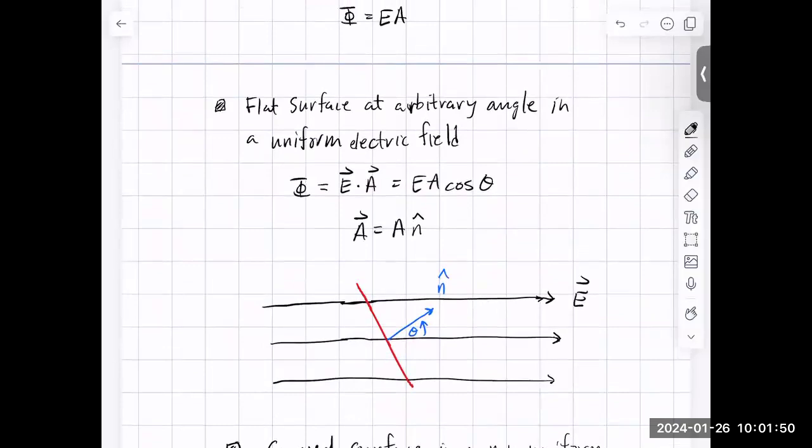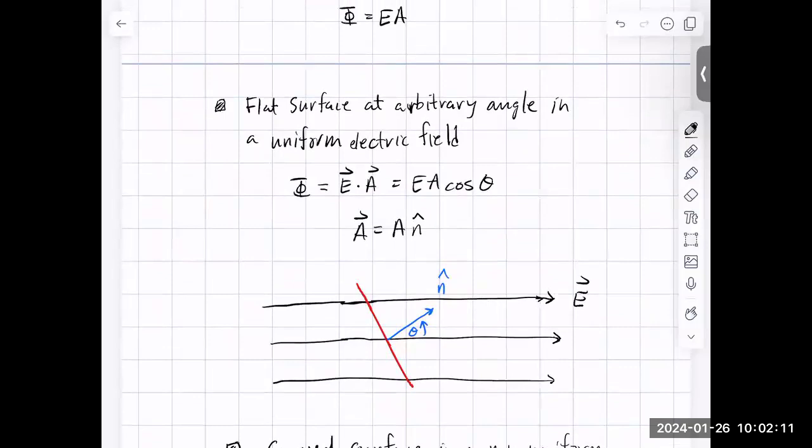And then we said, okay, let's start to relax some of those restrictions. Let's say we're still going to keep our electric field uniform. We're going to keep our surface flat. So this is a side view, but we're going to allow there to be an angle between the electric field and that surface.